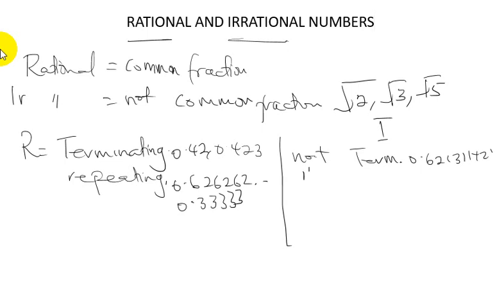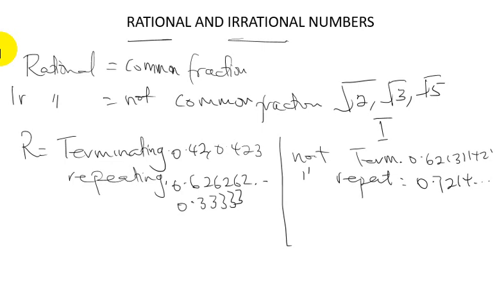And they are also not repeating, which means that when I have my number like this, you will not see it repeating as with the rational numbers. They are not repeating. So these are the differences between rational and irrational numbers.